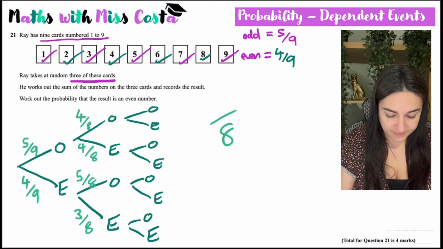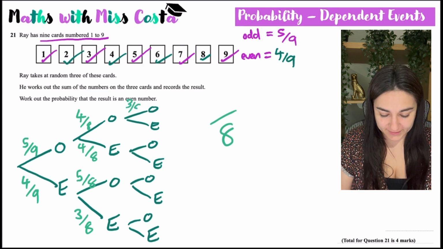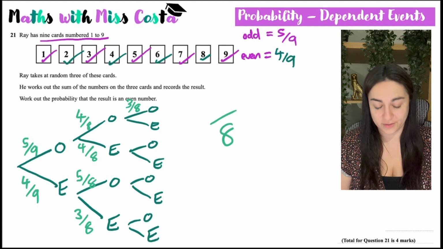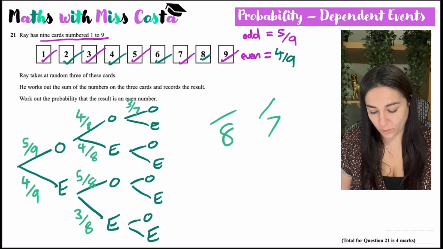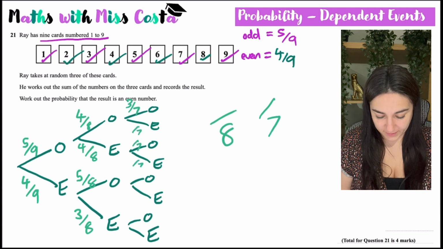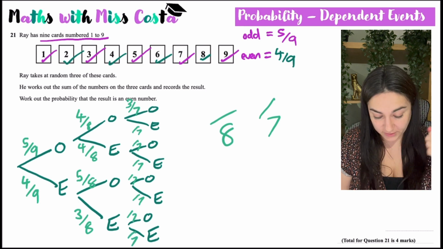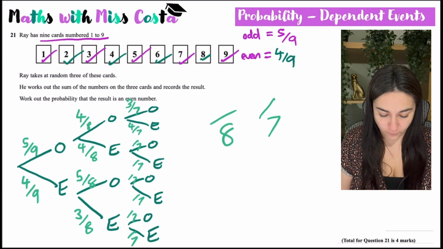For the last little bit, I've taken out 2 odd cards, so I'm only going to be left with 3 odd cards. Oops, and it's not going to be over 8, it's going to be over 7. All of your denominators for your last little bit are going to be over 7 because you've pulled out 2 cards already. So you've taken 2 odd cards, that means you're still left with 4 even cards.